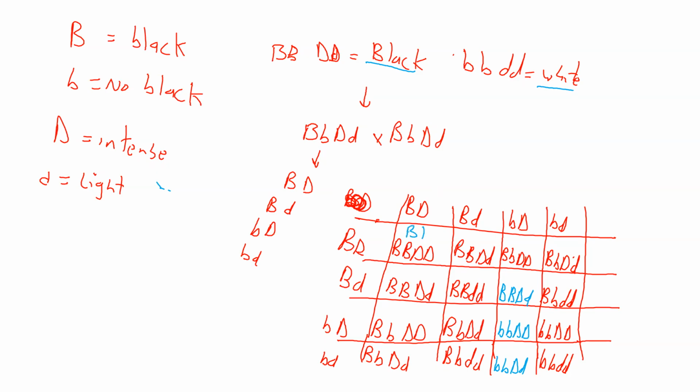Next one here, two capital B's. You have a capital D there, so they also have a black fur. Same thing with this one here. Same thing with that one. This one is also going to have a black fur. Now, when we get here, we have two capital B's for the black color, and we have two small d's, which means that the intensity is low.